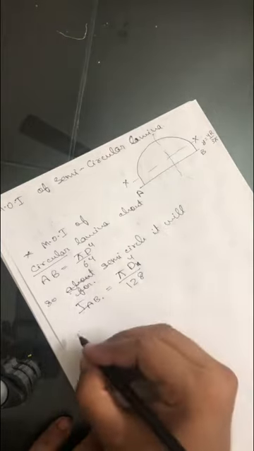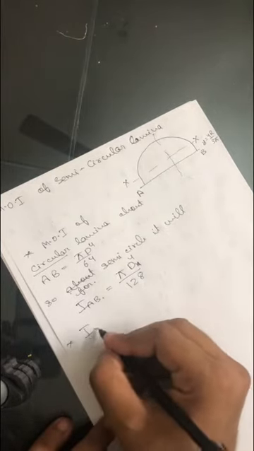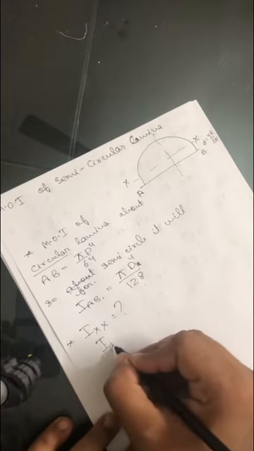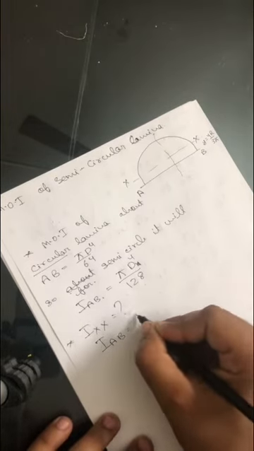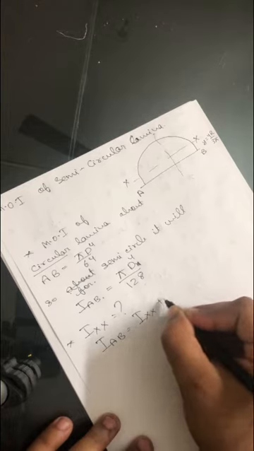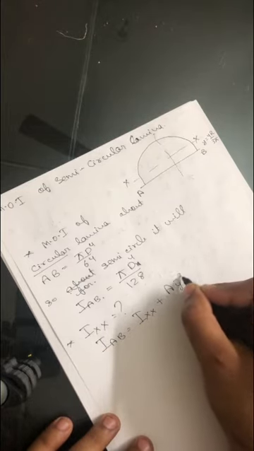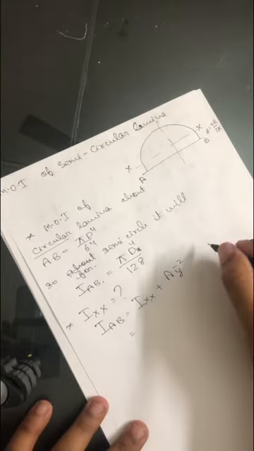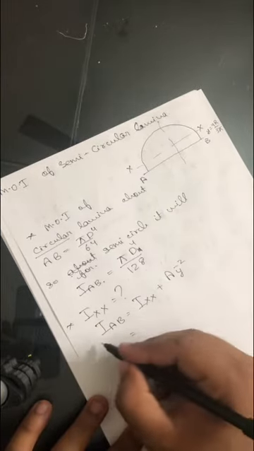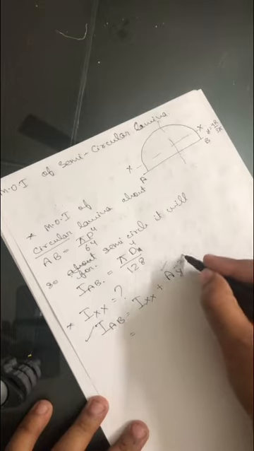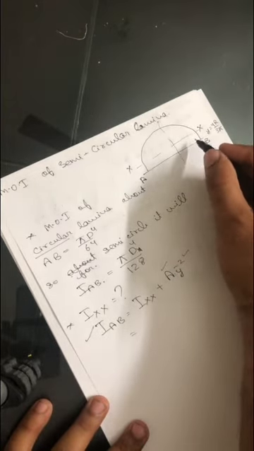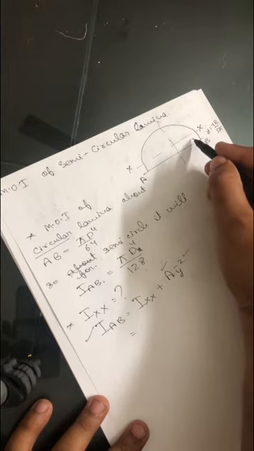Remember, this is about this AB. Now if we are interested in finding I_XX, we'll use the parallel axis theorem, that is I_AB is equal to I_XX plus A y bar squared. We know I_AB, we know the area, and we know y bar squared, because y bar is the distance of AB from the centroidal axis.